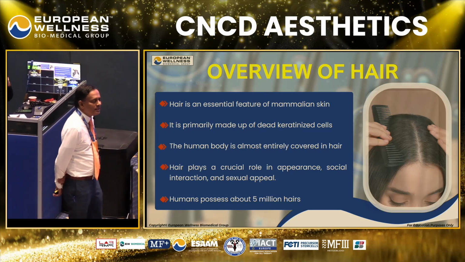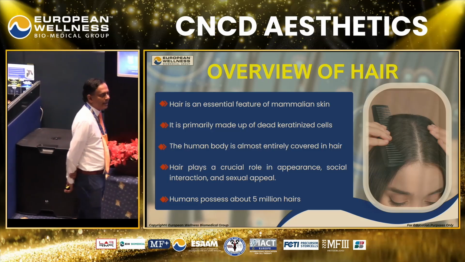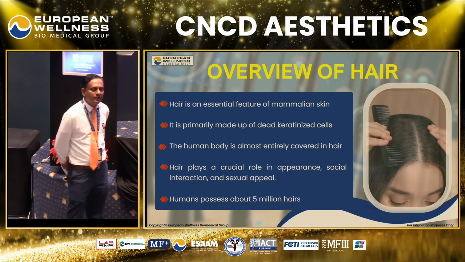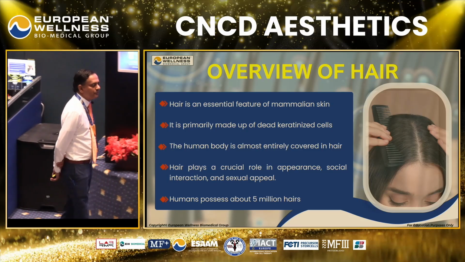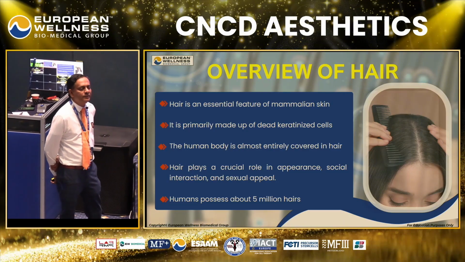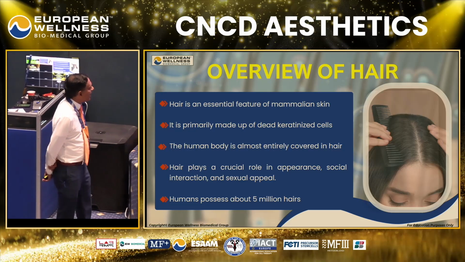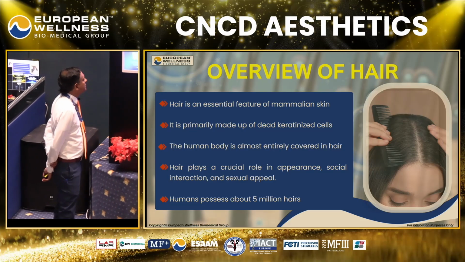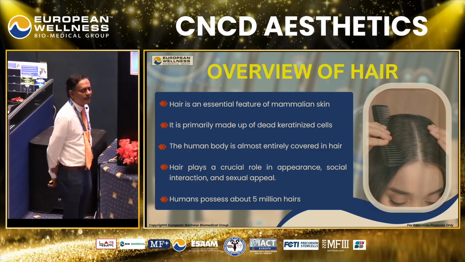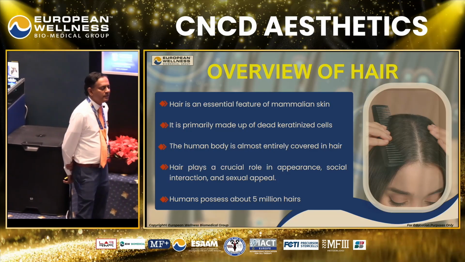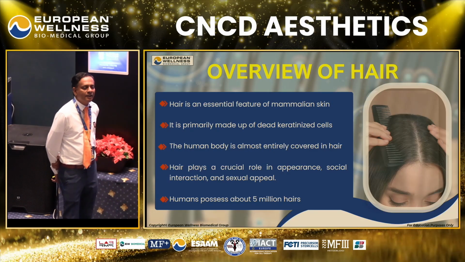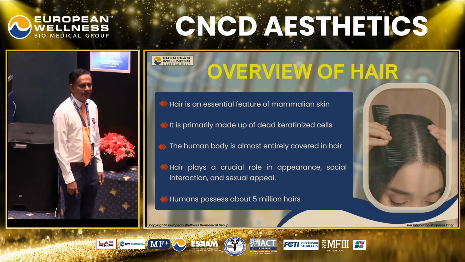The human body is almost entirely covered by hair, except for the palms and the soles of the feet. The other parts of the body all can grow hair if there is a hair follicle present, right? So the hair plays a crucial role in appearance, social interaction, and sexual appeal. The human body has roughly about 5 million hair, okay, mostly found on the scalp.